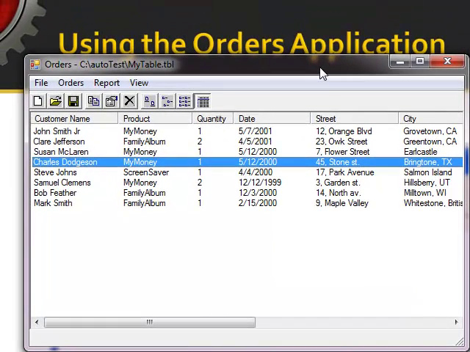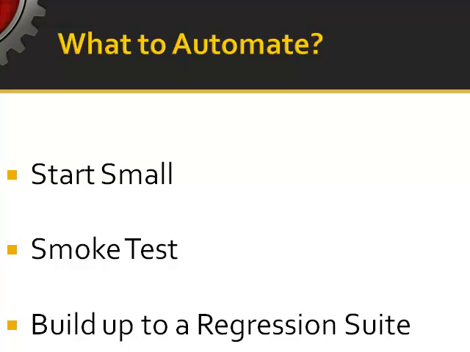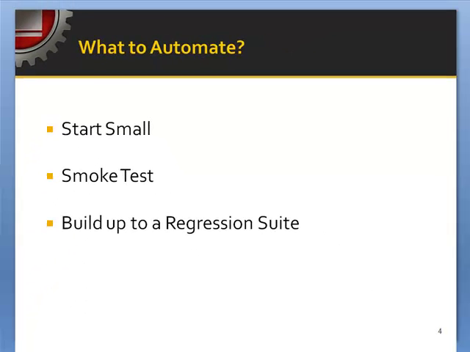So if we're going to create some automated tests to test this, we're going to talk about the best practices for organizing those tests. So what would be the best practice for automation? First of all, we want to start small. And by small, we mean let's not try and overwhelm ourselves with all of the possible test cases that we could create for automation.